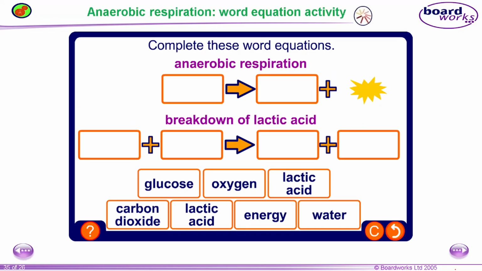Complete these word equations. Pause the video if you need to. Hopefully, in the space of time I gave you, you can answer the first question. The word equation for anaerobic respiration in animals, remember, is glucose making lactic acid and energy. Now complete the second question.